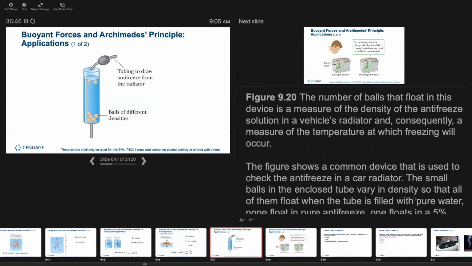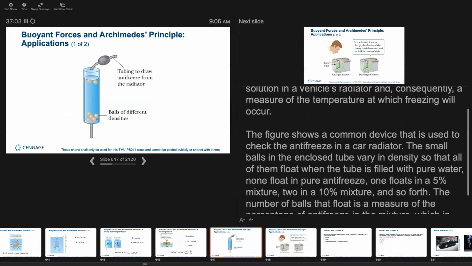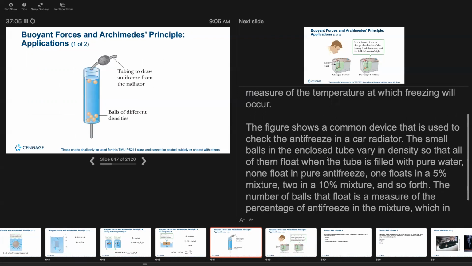So here in the figure, the number of balls that float in this device is a measure of the density of the antifreeze solution in a vehicle's radiator, and consequently a measure of the temperature at which freezing will occur. The figure shows a common device that is used to check the antifreeze in a car radiator.